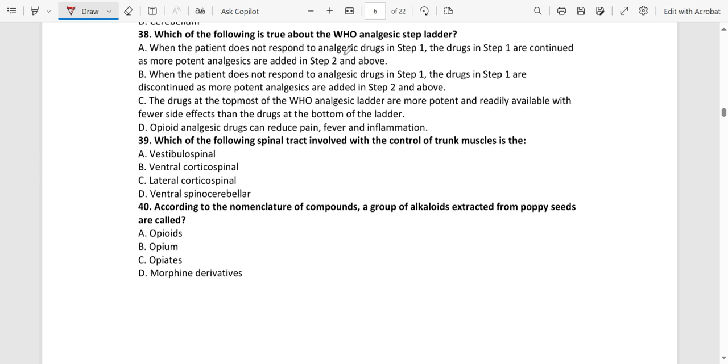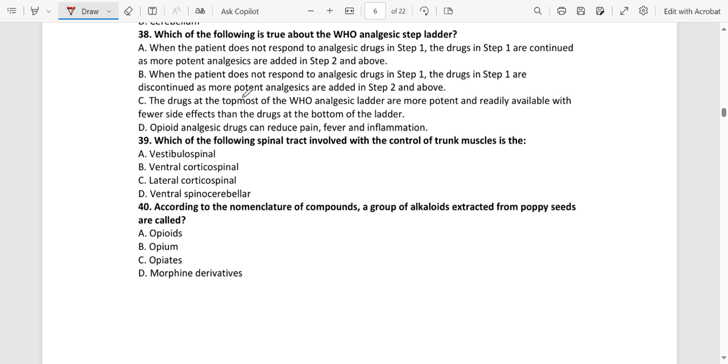Which of the following is true about the WHO analgesic step ladder? When the patient does not respond to analgesic drug in step 1, the drugs in step 1 are continued as more potent analgesics are added in step 2 and above. When the patient does not respond to analgesic drug in step 1, the drugs in step 1 are discontinued as more potent analgesics are added in step 2 and above.